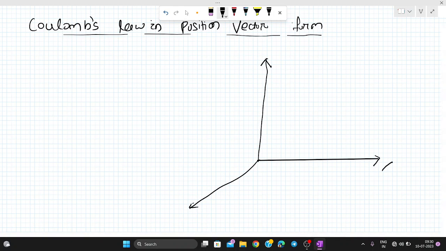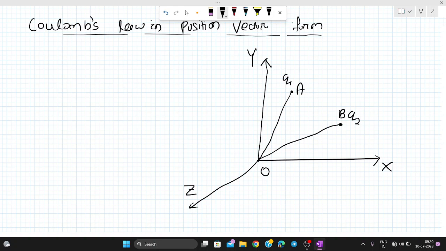This one is x, this one is y, this one is z. I am taking q1 and q2 at points A and B, and I am drawing the position vectors with respect to the origin.